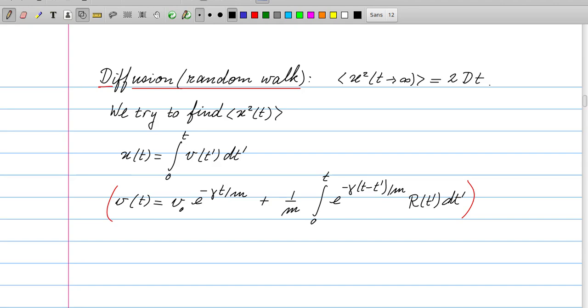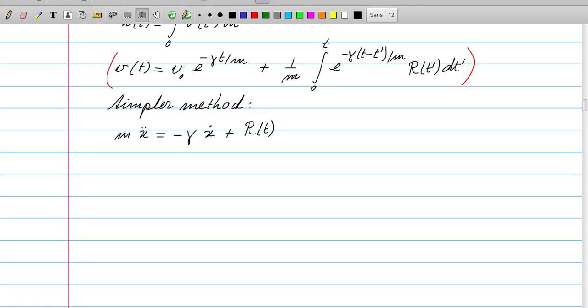Recall that the solution for the velocity that we found above for the Langevin equation had this form. First we have a homogeneous solution, and then we have to add a particular solution which depends on this random force r. So what we could do is take this v, plug it in there, calculate x squared, and then take the expectation value. That's quite a bit of work, and therefore we take a shortcut.